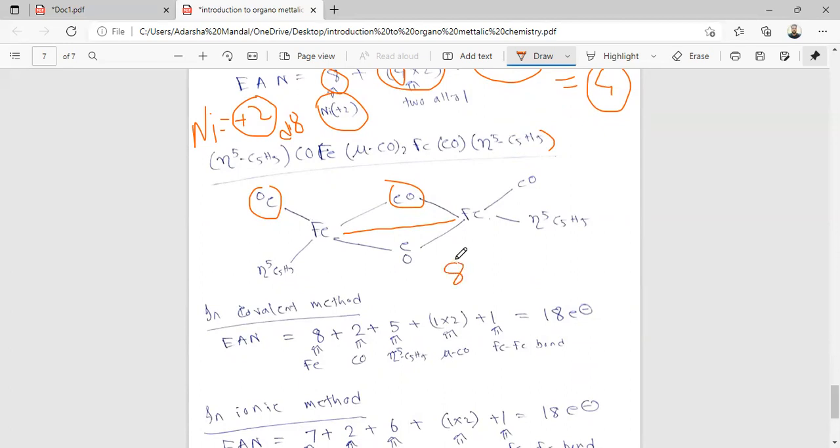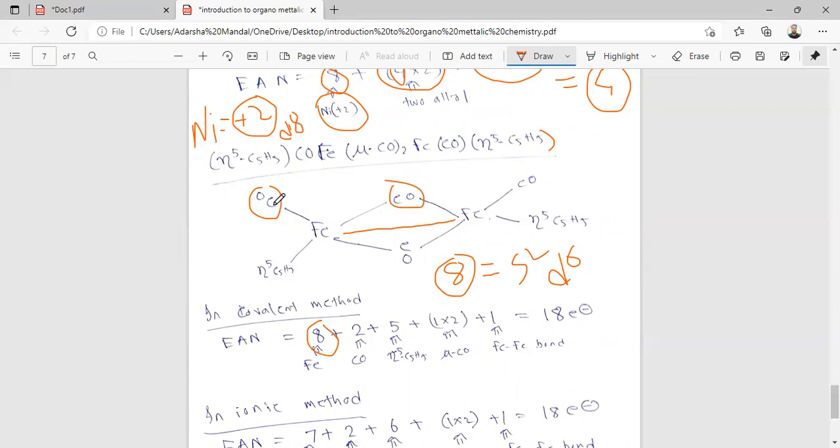So here iron is group 8. So its valence electron configuration is 4s2 3d6, so it will donate a total of 8 electrons in the electron count.